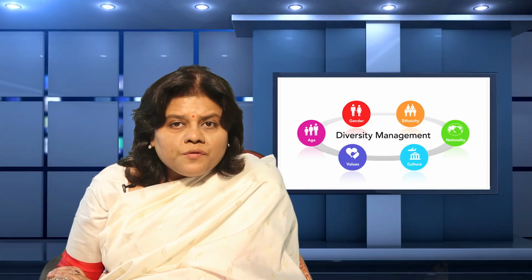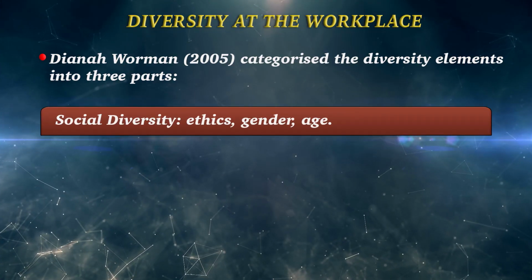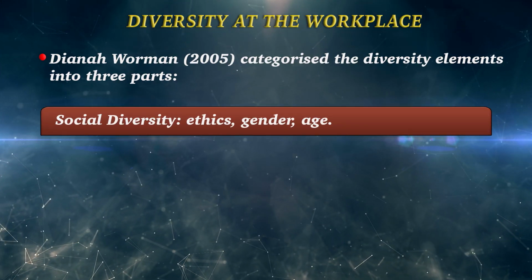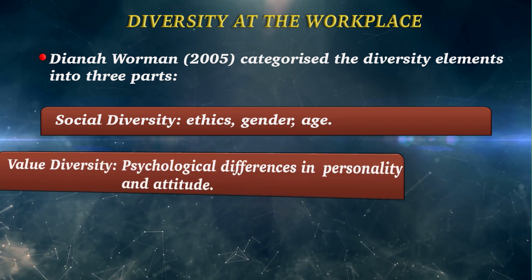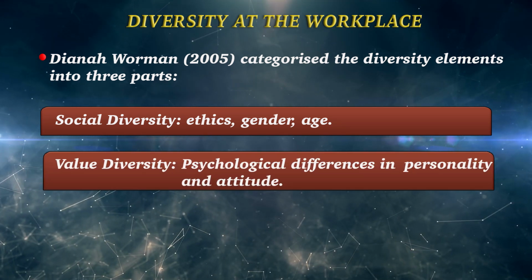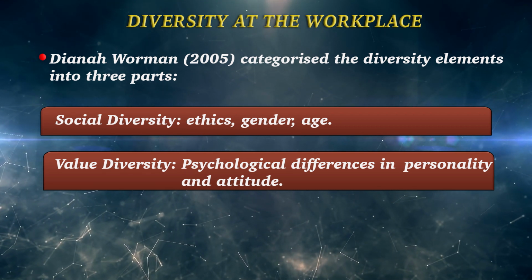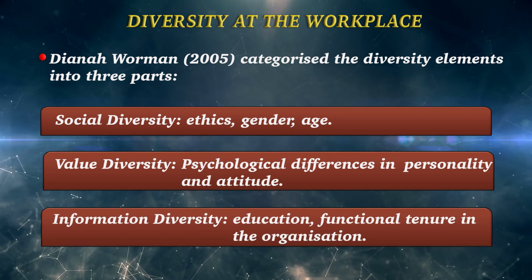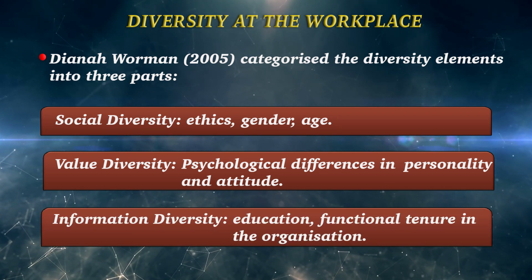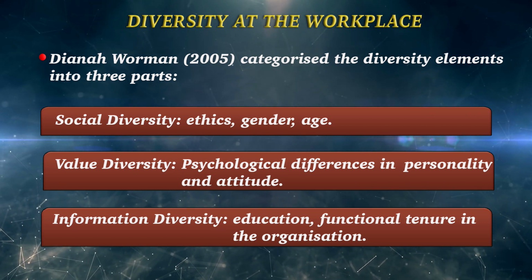So this is another kind of a classification that you can refer to. Number 1 is social diversity, which talks about ethics, gender and age. Then there is value diversity that talks about psychological differences in personality and attitude. And the third being information diversity that talks about educational, functional tenure in the organization.